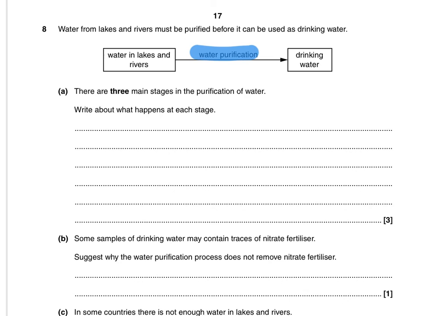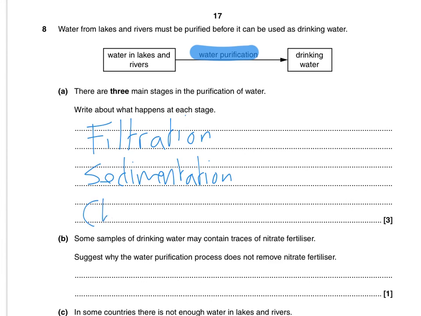So, 3 stages. First, filtration. Second, sedimentation. And the last one is chlorination. Okay, so what happens at each stage? Filtration removes large particles.